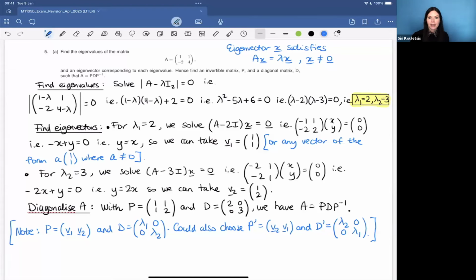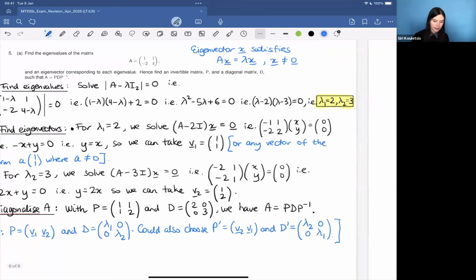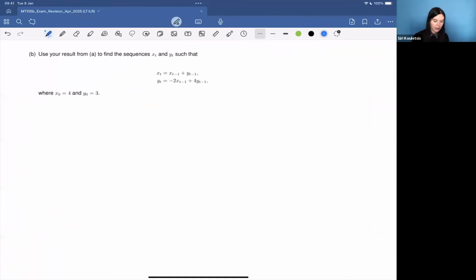Now, that was part A of this question. Now we want to use this diagonalization that we have just done on A. Remember that A was the following matrix.